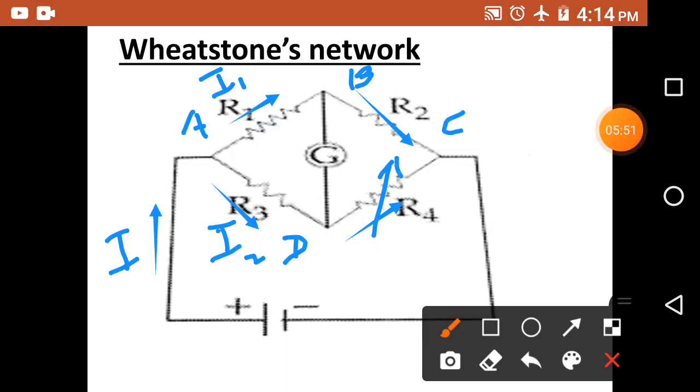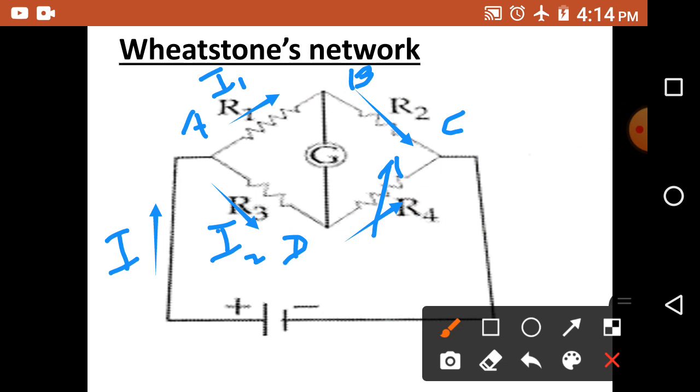Now when R4 is adjusted so that no current flows to the galvanometer and B and D are equipotential points, the network is said to be balanced. Now when the network is balanced and no current is flowing through the galvanometer, B and D points are at the same potential.